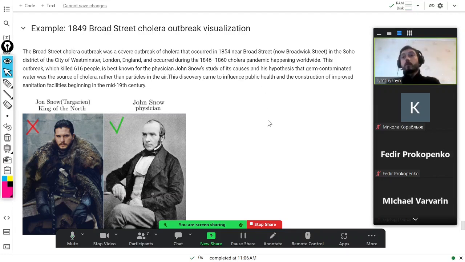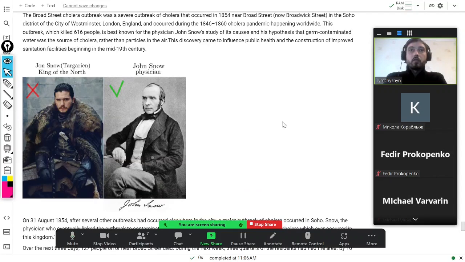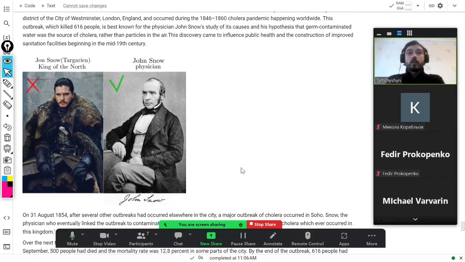Let's look at how he came to that conclusion and how we can get the same conclusion as well. Here are two pictures for you of John Snow. The one that looks more like an English gentleman, that's the John Snow we are interested in.